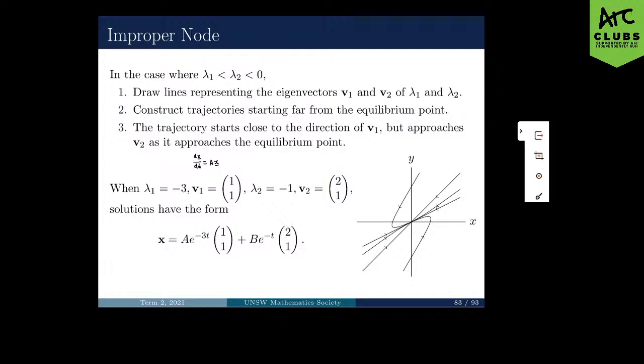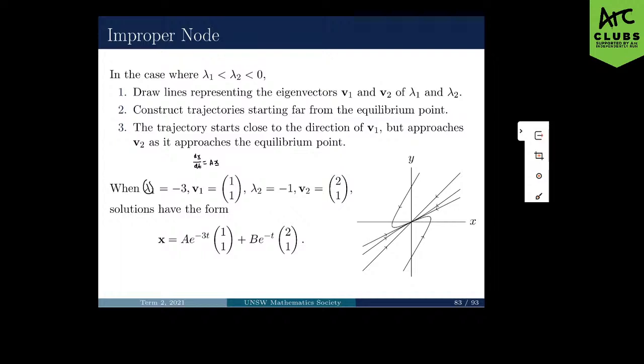Once we draw the trajectories, we know how to draw the arrows on them. But how do we actually draw the trajectories? Once again, I'm going to refer to lambda 1 as the smaller eigenvalue, lambda 2 as the larger, v1 as the eigenvector corresponding to the smaller eigenvalue, and v2 as the eigenvector corresponding to the larger eigenvalue.